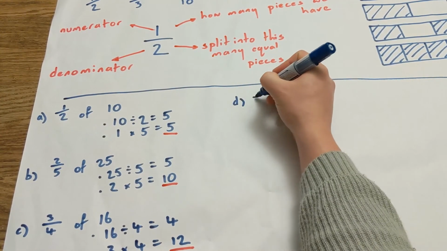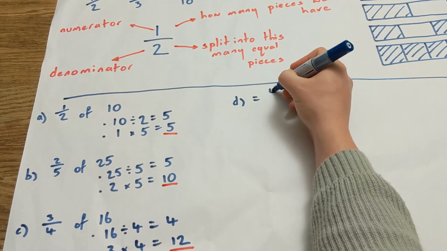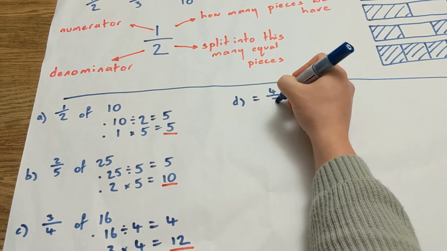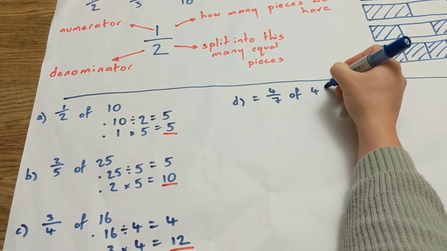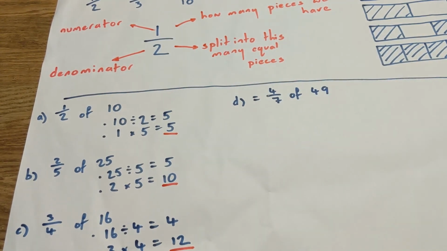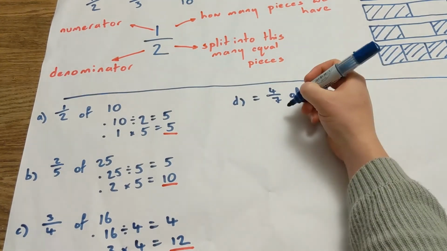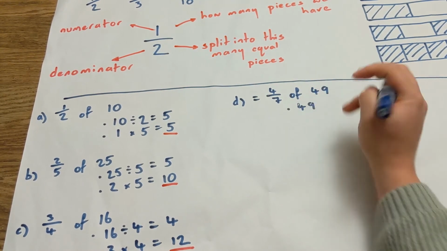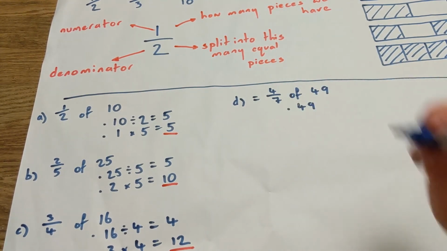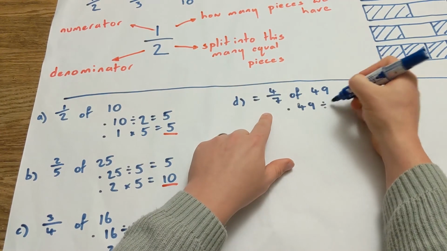So let's say I've got 4/7 of 49. Slightly trickier numbers here. We need to know our times tables to be able to divide. So what I want to do is take my 49. If it's been split into 7 equal pieces, I divide by 7.